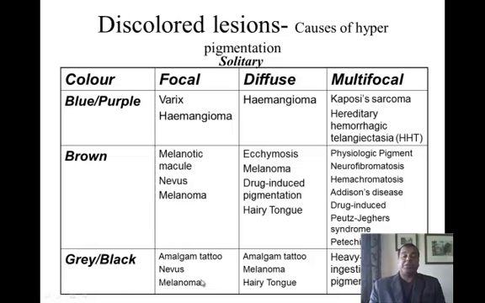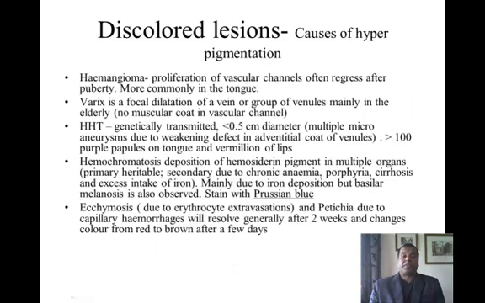Grey-black lesions could be focally amalgam tattoos, a nevus or a melanoma. A diffuse grey-black lesion could be again amalgam tattoo, melanoma, or hairy tongue. Multifocal could be heavy metal ingestion or pigmentation.